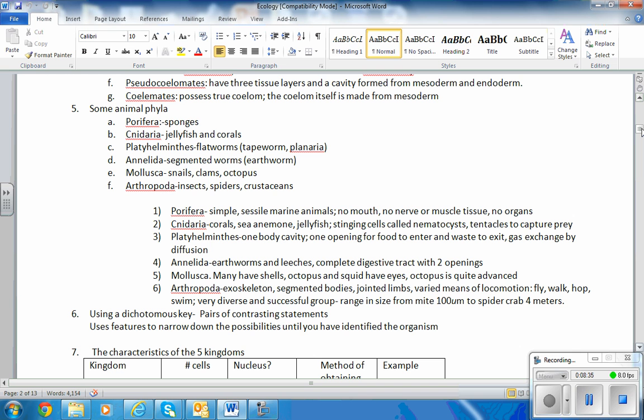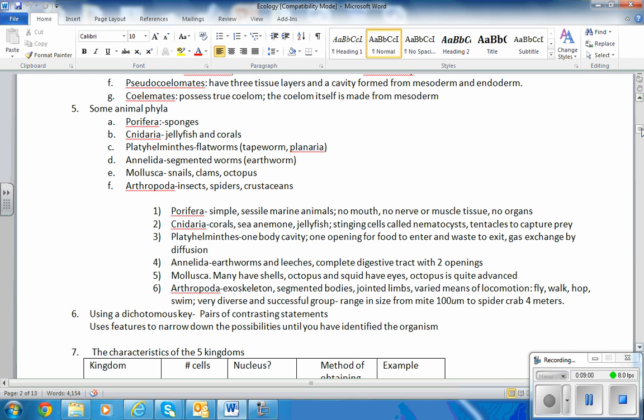Okay, then we have Cnidaria. These are going to be, again, coral, sea anemones, jellyfish. So a lot of these have stinging cells called nematocysts. So you probably always wondered how a jellyfish stings. There are some organisms that have a prong aspect to them that contributes to this sting, but most of the issue is the cells that are on the stingers called nematocysts.